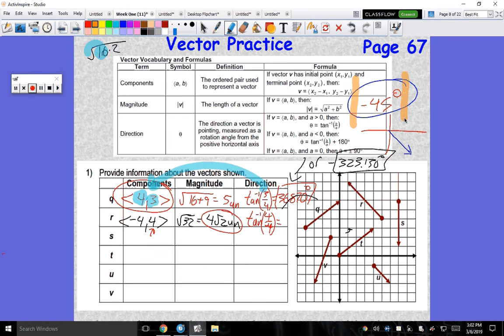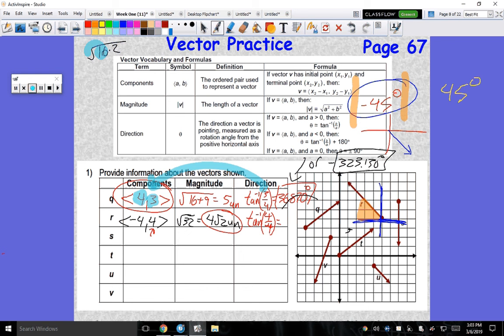That means, watch, if this is my origin and the world revolves around me, a positive 45 is from the vector to the nearest x-axis. This is huge right now, what I'm showing you. So if I make this into a positive 45, that means 45 degrees is between the nearest x-axis and that vector.